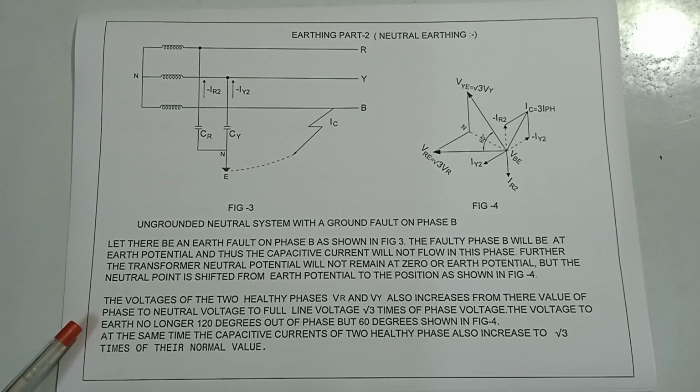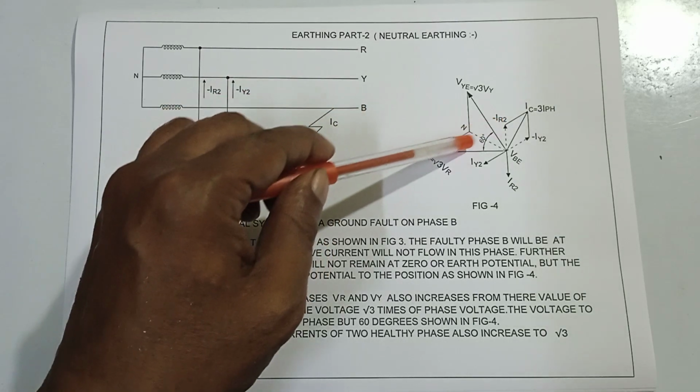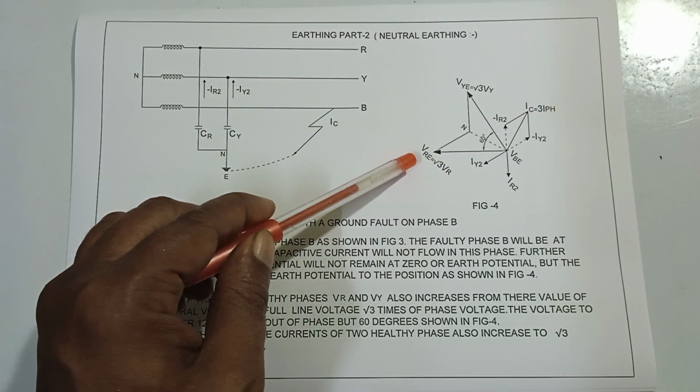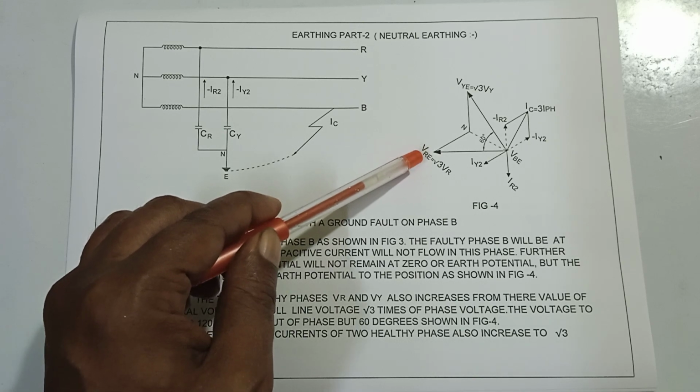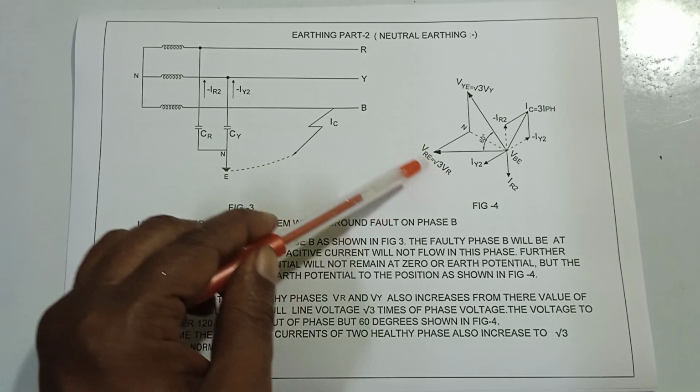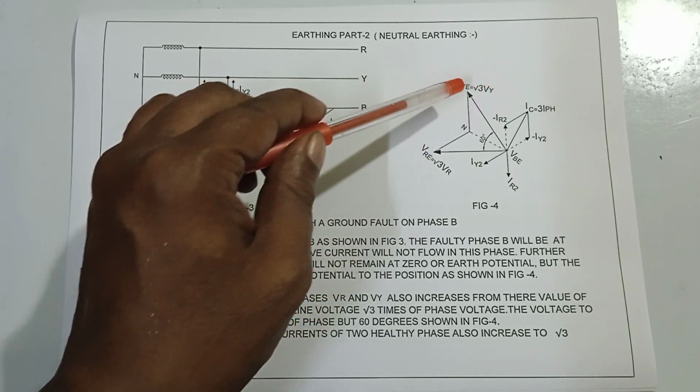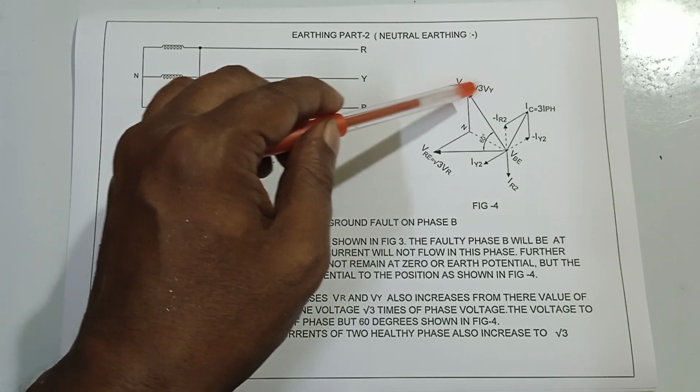The voltage to earth is no longer 120 degrees out of phase but 60 degrees, as shown in figure 4. This is the 60 degrees. These voltages are equivalent to line voltage: root 3 VR and root 3 VY.